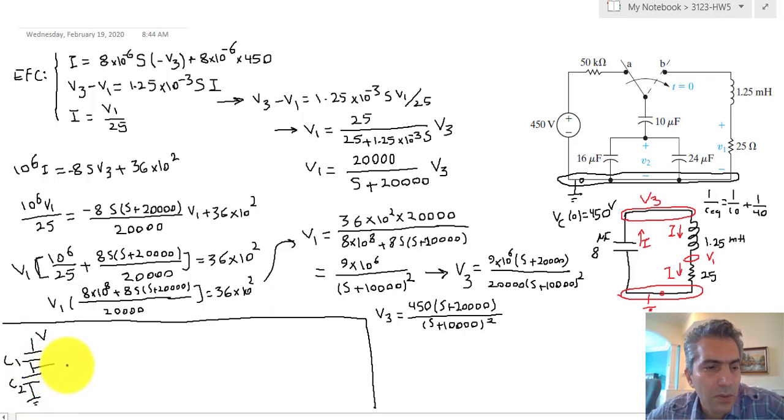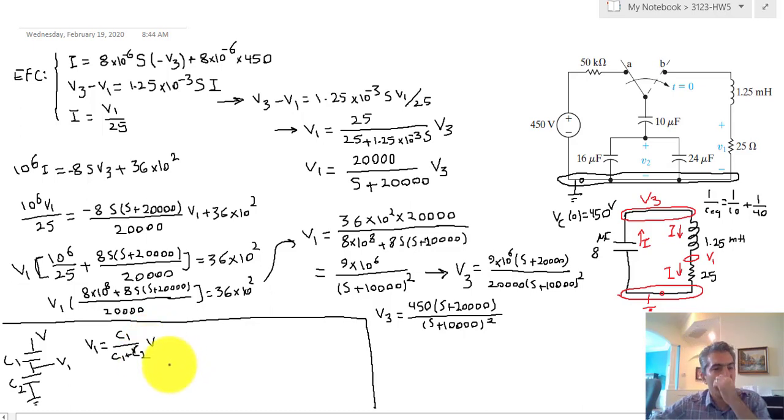So if you have two capacitors that are in series, C1 and C2, and you have a voltage V across them, let's say the other side is ground, and you want to know how to divide the voltages between the two. There are two ways to do that. Let's call that V1. V1 is C1 over C1 plus C2 times V. Now, where's that equation coming from? You can calculate this using the voltage divider and the equivalent impedance of the capacitors.